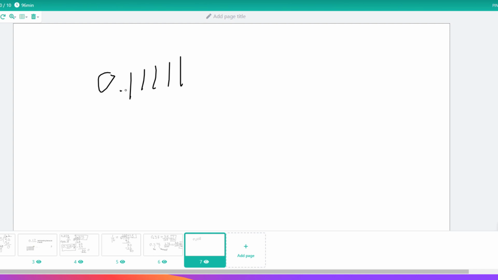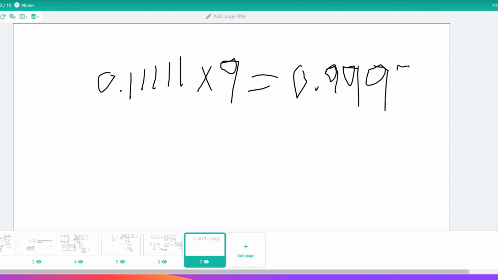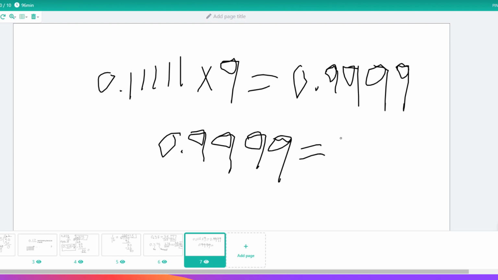So I can say that this thing times 9 equals 0.9999. Now the weird thing about repeating decimals is that when you run into a situation like this, 0.9999 repeating is essentially 1.